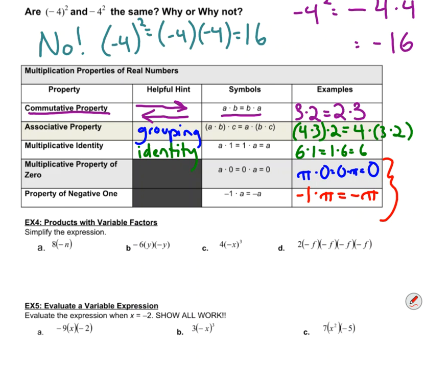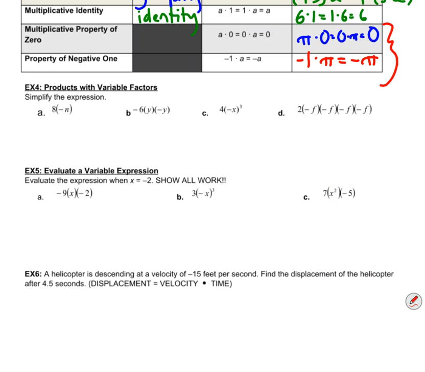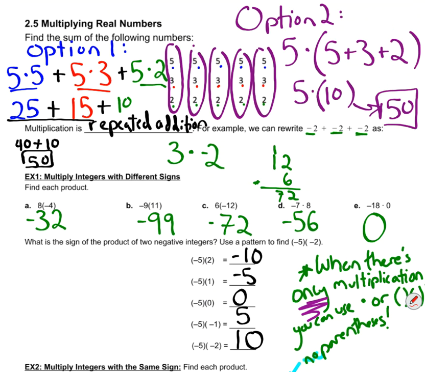Okay, we are almost done with our notes. Let's see, 26 minutes, doing pretty well. So, products with variable factors, simplify the expression. What's happening now is instead of having just numbers, I'm introducing some variables, but we're still going to follow those same rules. Mr. Smith, what are those rules? They're exactly what we said before.